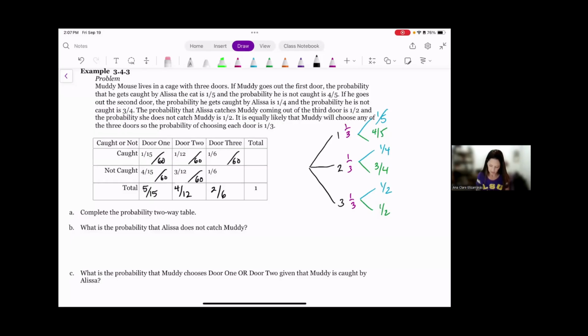Doing some fraction math here with common denominators. 15 goes into 60 4 times. So 4 times 15 is 60, 4 times 1 is 4. 15 times 4 is 60, 4 times 4 is 16.